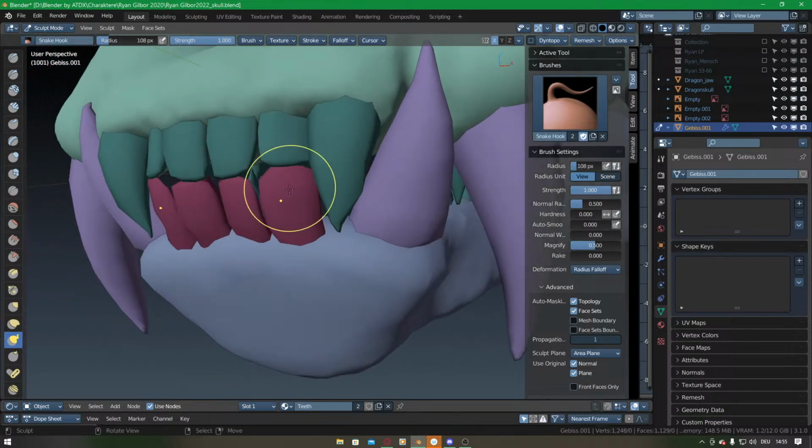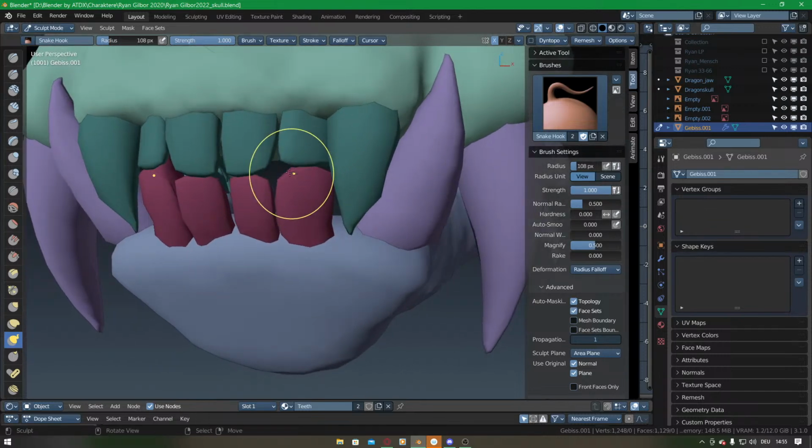So the different colors here are the facets. So if I hold over here, I'm not influencing that. If I hold over here, I'm influencing those.